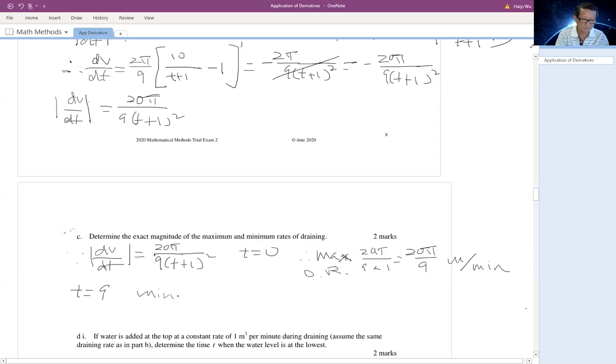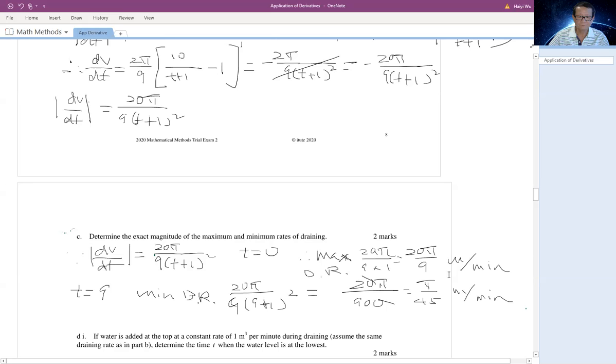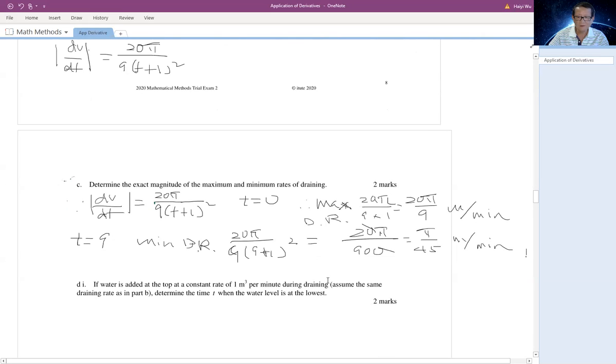The minimum draining rate will be 20 pi divided by 9 times (9 plus 1) squared. That is 20 pi divided by 900, so cancelling, about pi over 45 meters cubed per minute.